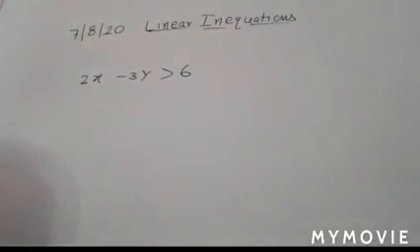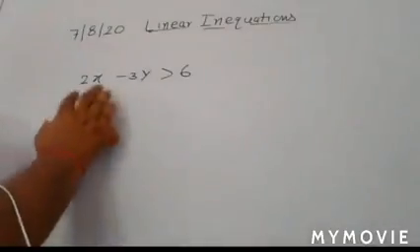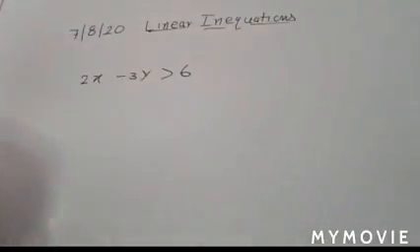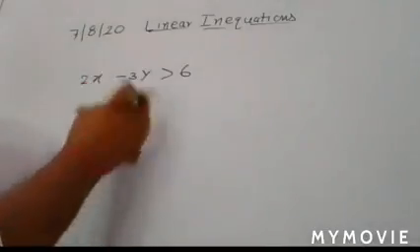So what do you do when an inequation is given? First of all, you convert that inequation into an equation and draw its graph. Here you have 2x minus 3y greater than 6. So first you solve for the graph of it.